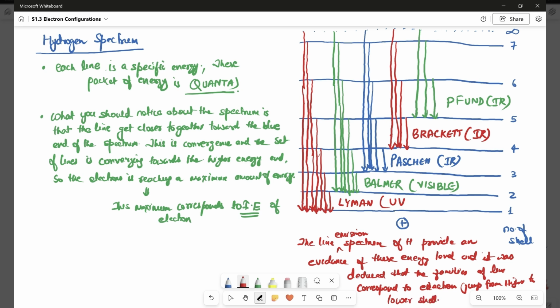That means all these packets of light, let me circle this, these are all the same, there is no difference whether jumping from infinity to 1 or 2 to 1, the nature is the same, right? So what we have concluded is that these energies, these frequencies, are specific.